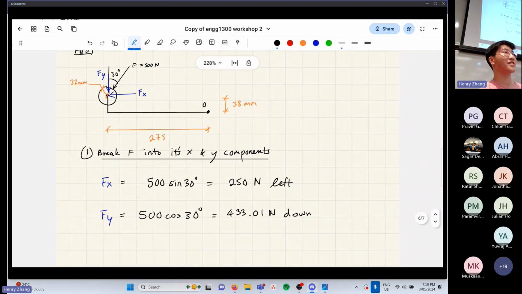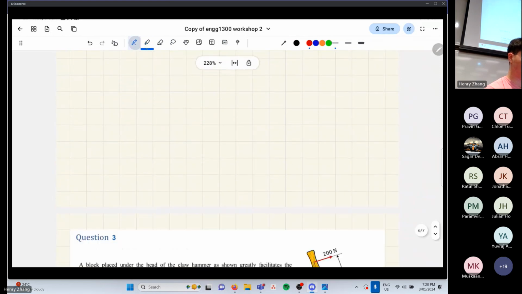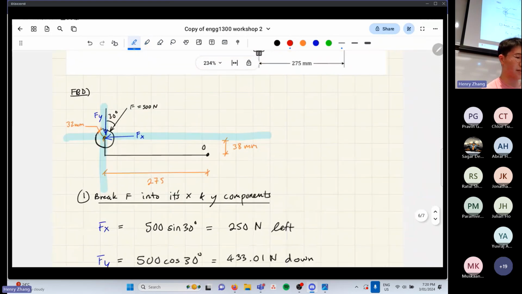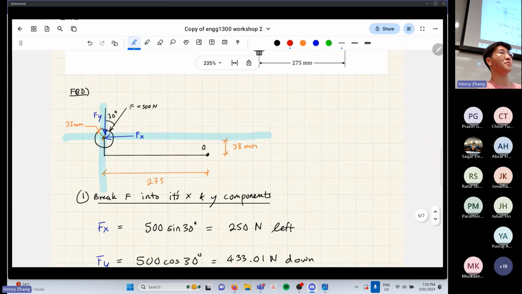Why I'm doing this is because I'm going to take the sum of the moments about O, and sometimes it's useful to break it up into these forces because we're given the lever arms in terms of 38 mil and 275 mil.